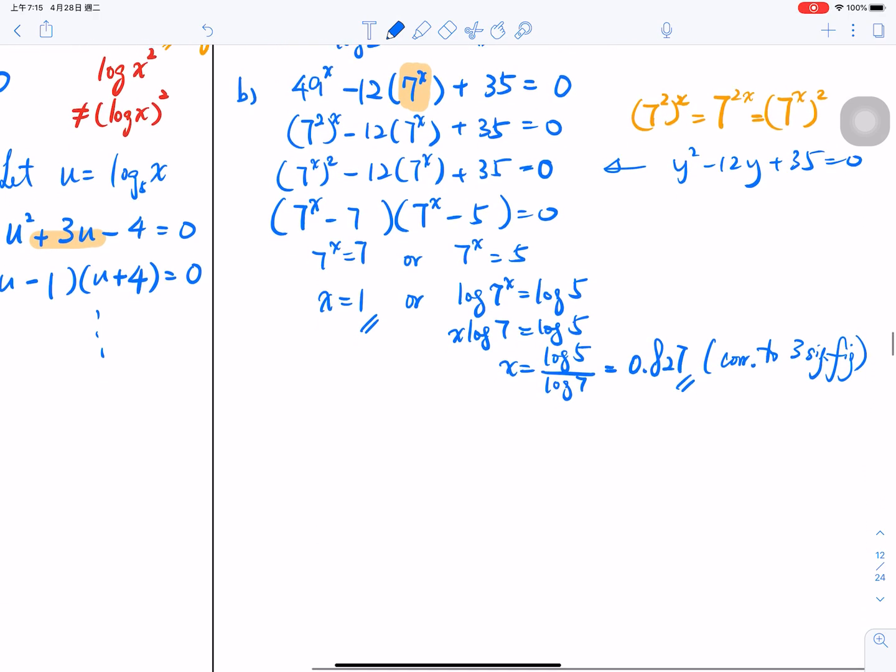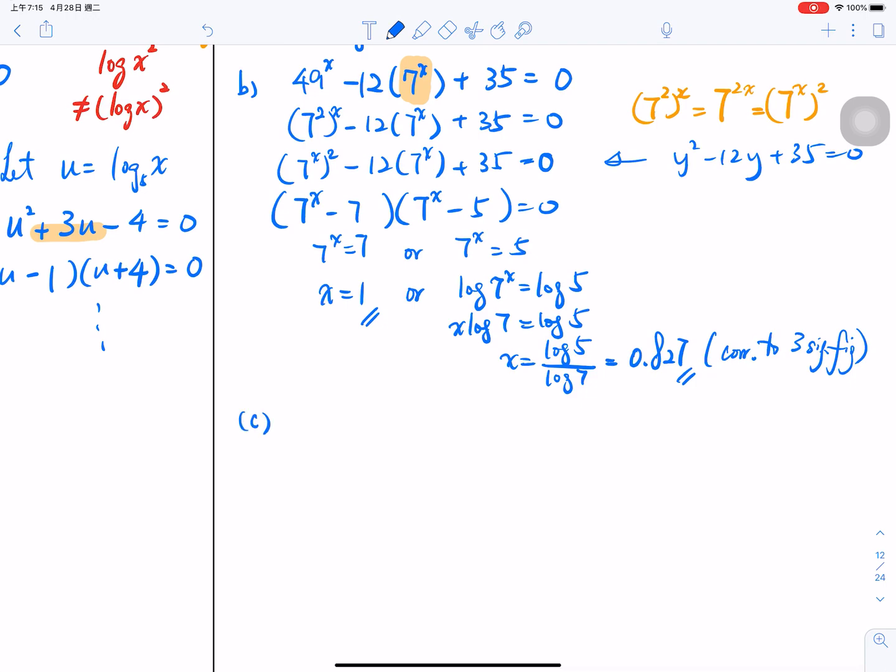Goes to C. This one: 3 times 3 to the power 2x plus 2 times 3 to the power x equals 1. How to solve it?